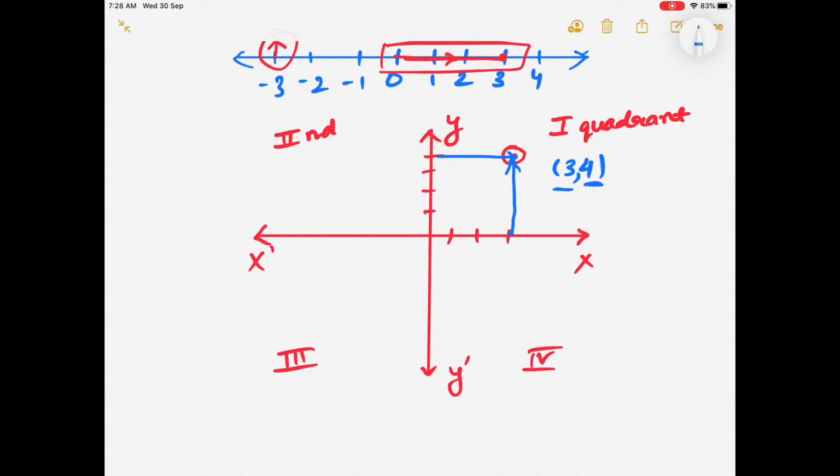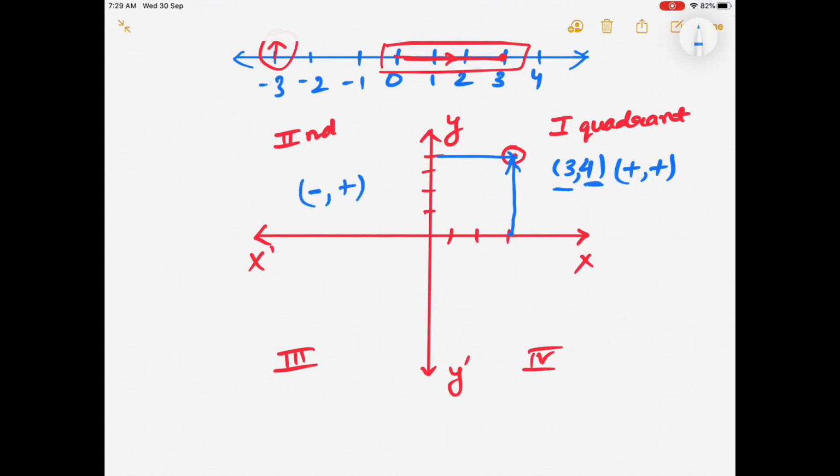So what is the system of signs on these quadrants? The first quadrant remains positive for both x and y, and in the second quadrant, as we can see, x will be negative and y will be positive.